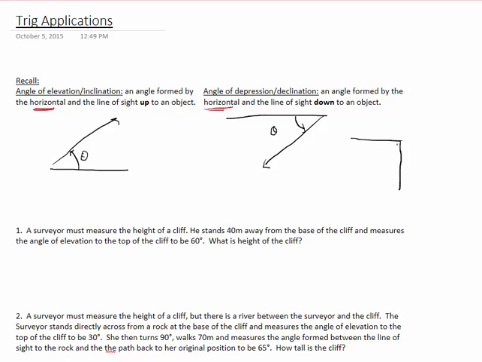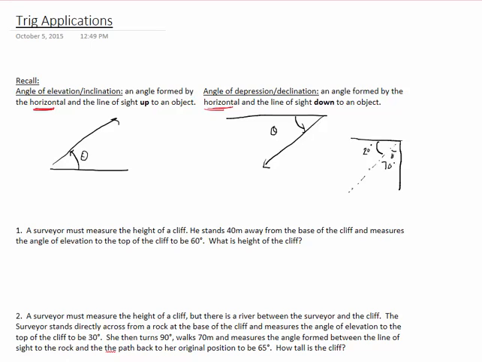If someone standing up here is looking at the ground at an angle of depression of 20 degrees, that 20 degrees goes here in our diagram. If we need to know what this angle is in here to help us out, then we subtract the 20 from 90, which gives us 70 degrees.